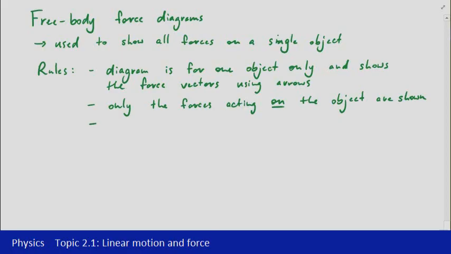The next one then is that the force arrows are actually drawn to scale. So this is a scale diagram, so we can look at the relationships graphically in terms of the sizes of the forces that are involved. And those force arrows originate at the center of mass of the object.